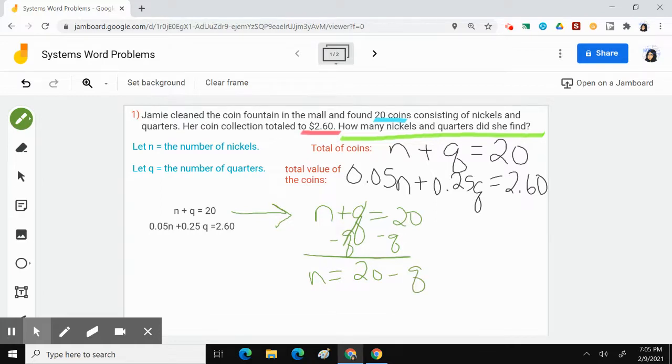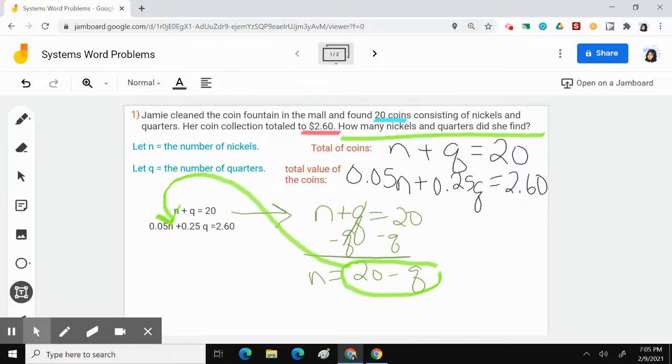Now that I know that I can rewrite n as 20 minus q, I could go right ahead and substitute this 20 minus q right in for n into my second equation. So I'm going to rewrite my second equation as 0.05, instead of the n, I have 20 minus q. And then I still have the remainder of the equation, plus 0.25q equals $2.60.